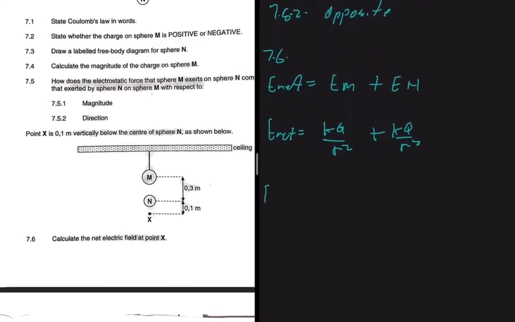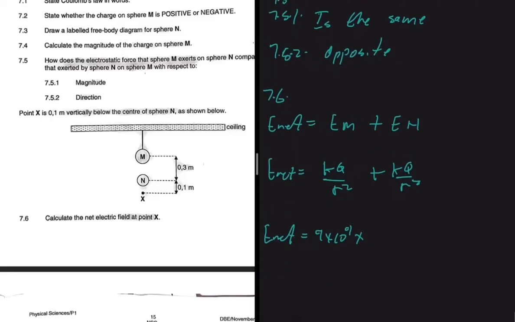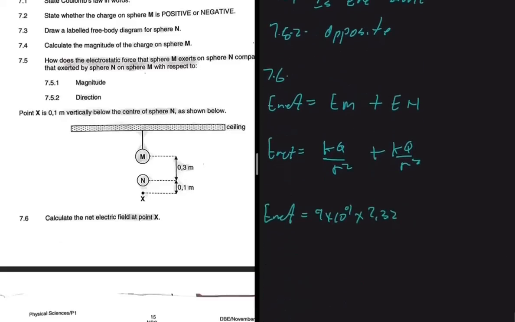But now let's go ahead and substitute. K is a constant, that is 9 times 10 to the 9. So what is the magnitude of the charge on sphere M? The magnitude of the charge on sphere M is 2.32 times 10 to the minus 6 divided by the distance between M and X, that is 0.3 plus 0.1, squared, right?